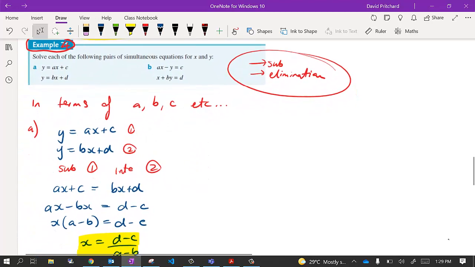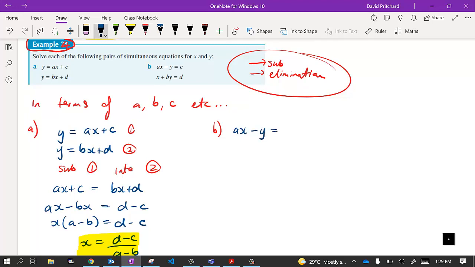All right, so now if we look at the second one, B, we're solving for x and y again. So here we've got ax take y is equal to c, and x plus by is equal to d. Now my thoughts would be that I can isolate x easiest.